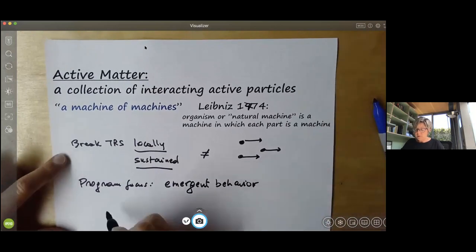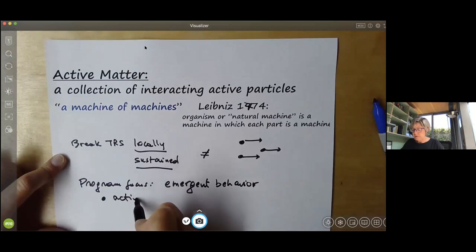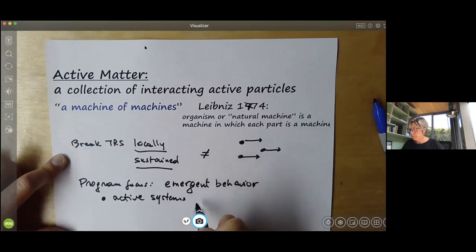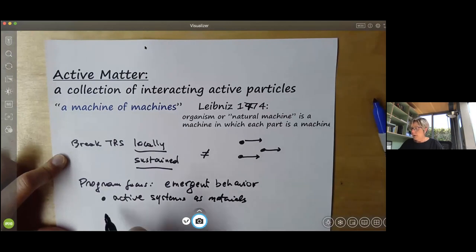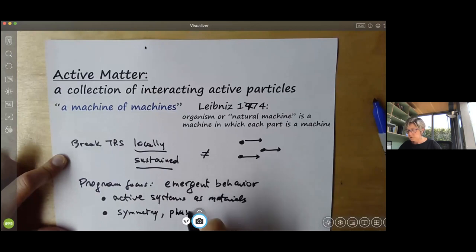What we are aiming to do is ask ourselves whether we can describe active systems as materials, using the language we use in condensed matter physics, that is the language of symmetry, order parameters, phase transitions, and so on.